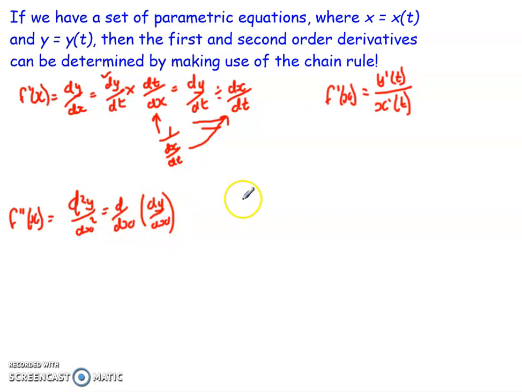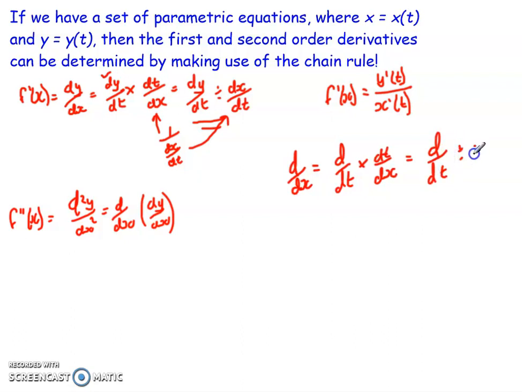So for my d by dx, what I have to do is write this as d by dt times dt by dx. And again, that can be changed to d by dt divided by dx by dt. So I'm able to use the chain rule again in order to write it in this format here.